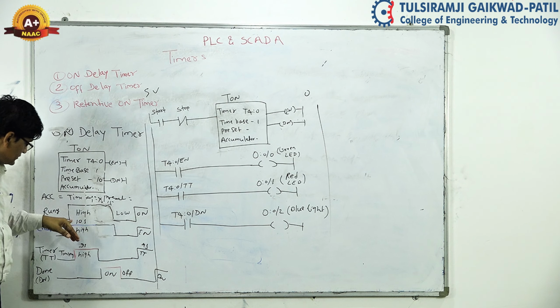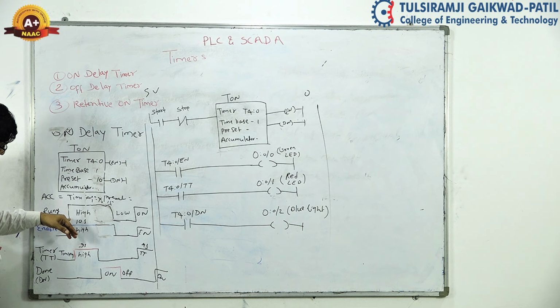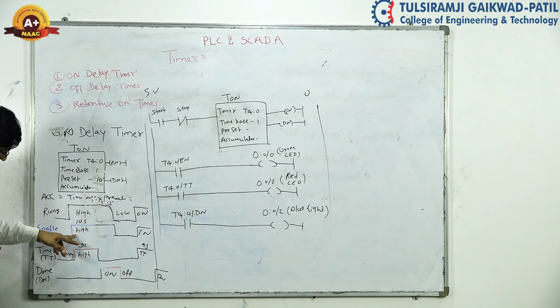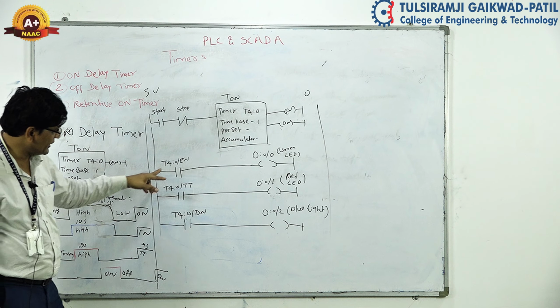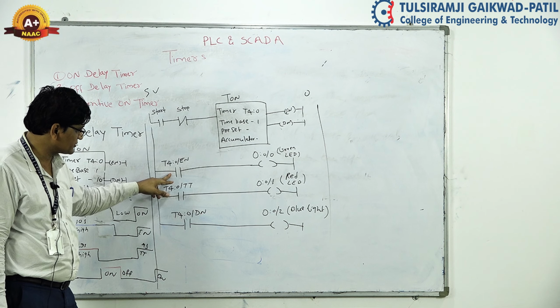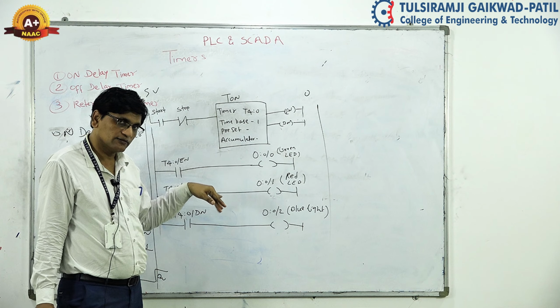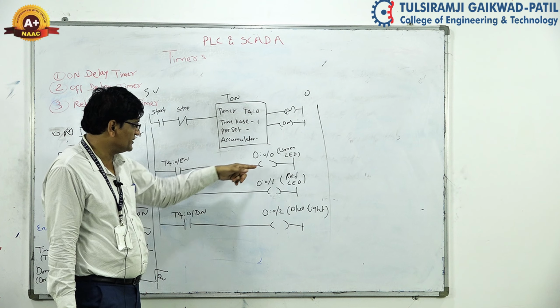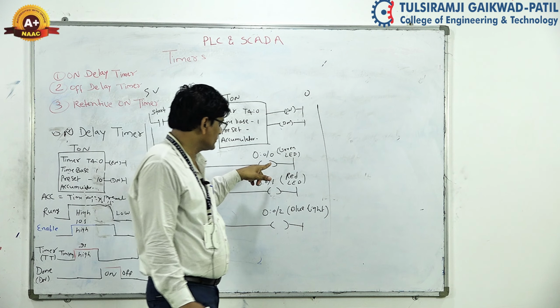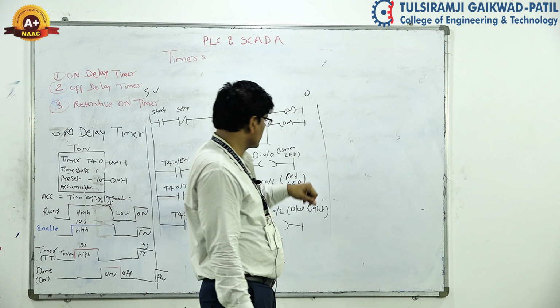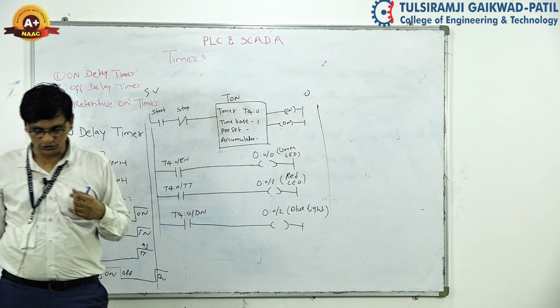Rung is on means the same time this enable bit will be on. This is the enable bit, and it is on till the rung is on, meaning here you will get the green LED in switch on position.